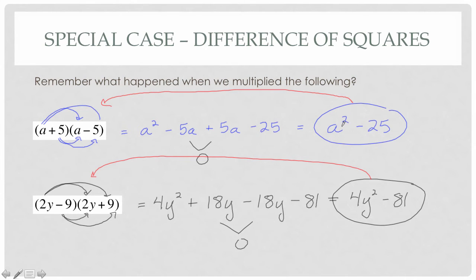Well, anytime you see two terms and both terms are something squared, a squared, 5 squared, 2y squared, 9 squared. If you have a difference of two squares, if you're subtracting two squares, it will always factor into two binomials with the squares, but one is positive, one is negative.